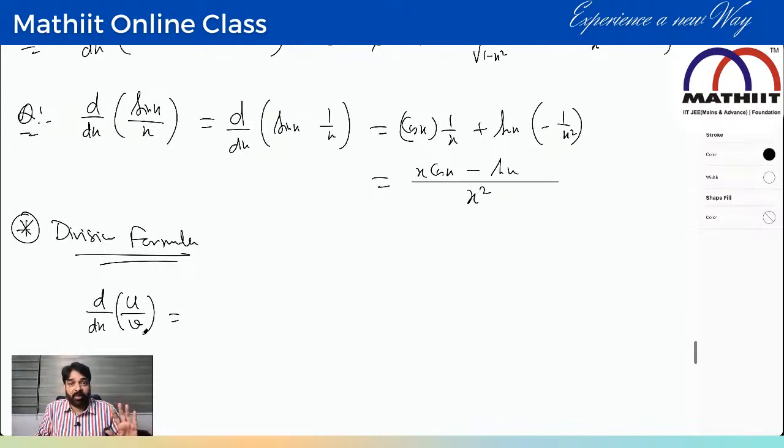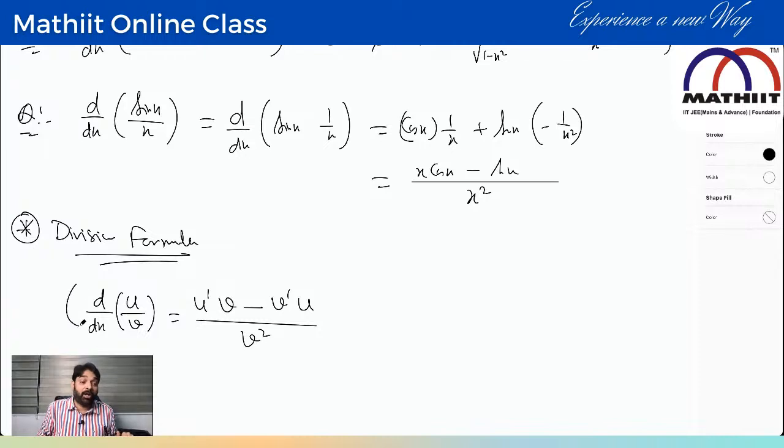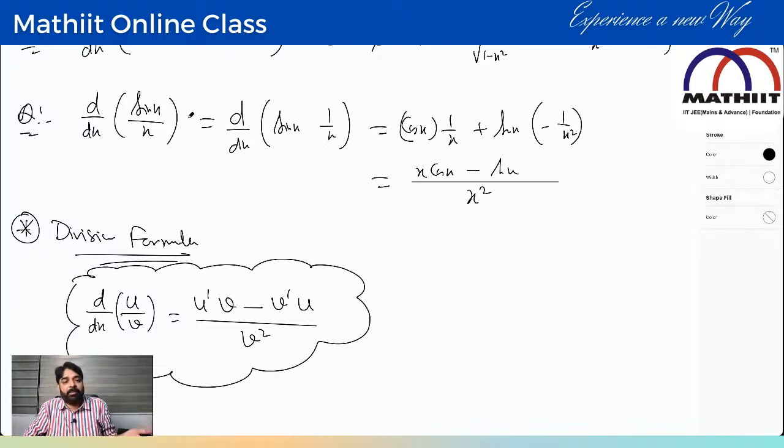If you want to learn as a formula: differentiation of numerator into denominator minus differentiation of denominator into numerator, divided by denominator square. Again, I am repeating. If you want to learn as a formula, you can learn this way. Otherwise, apply whenever it's coming.